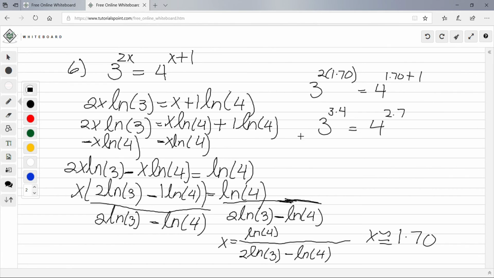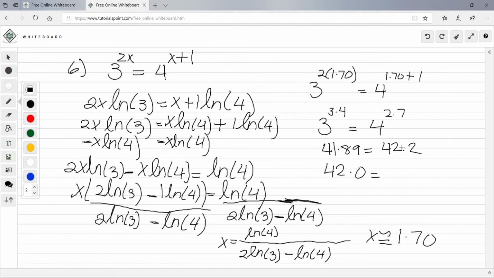And if you put it in a calculator, 3 to the 3.4 is about 41.89, and then 4 to the 2.7 is 42.2. They're very close, right?